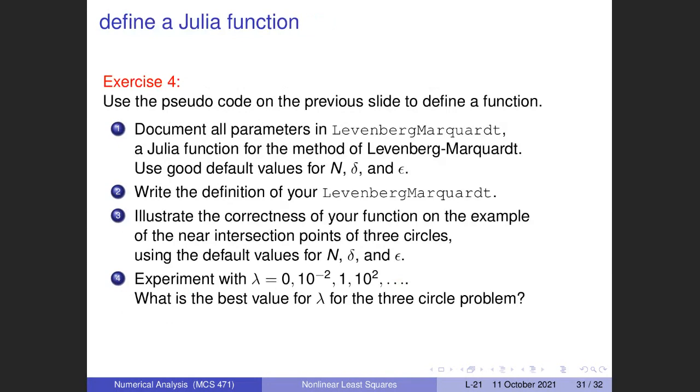There is a Jupyter notebook that is posted that will define the nonlinear Gauss Newton method, and there are adjustments that you have to make to implement the method of Levenberg-Marquardt, and then run it on the three-circle problem.